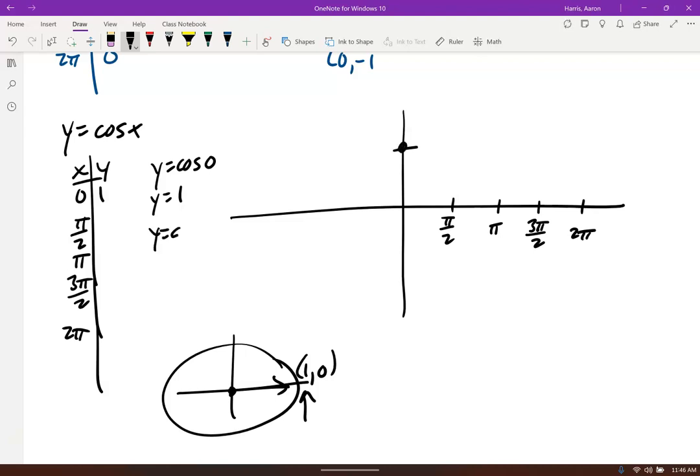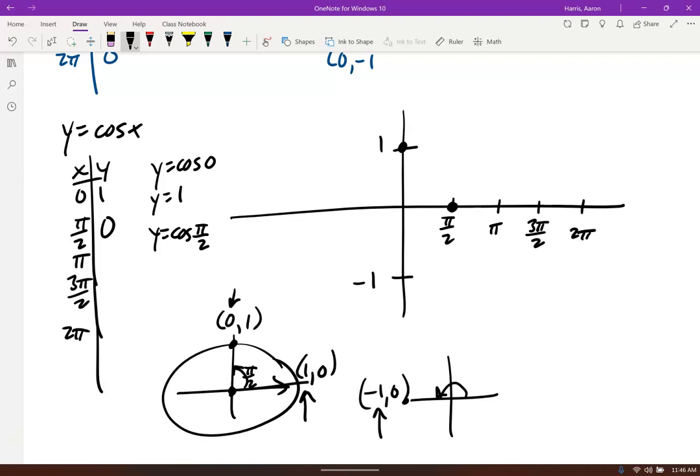Now let's throw in pi halves for the x here. Cosine of pi halves. So I've rotated pi halves here. Cosine of pi halves is 0. So I got pi halves, 0. Now let's go to pi. Cosine of pi. So now I've rotated pi. I'm right here. Cosine of pi is negative 1.